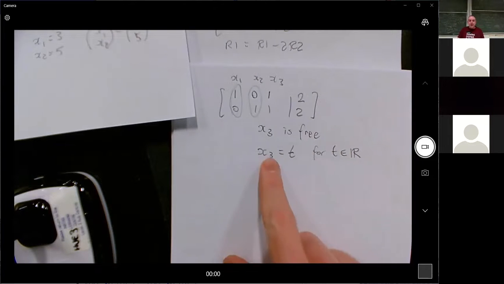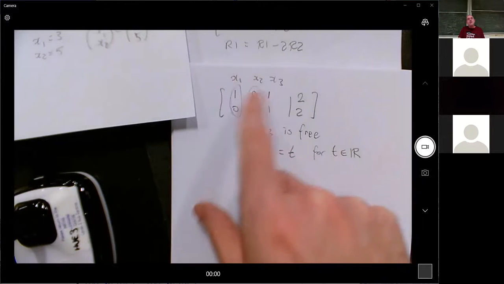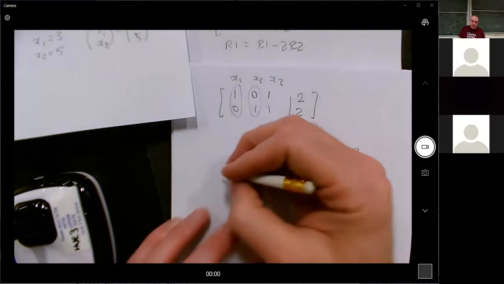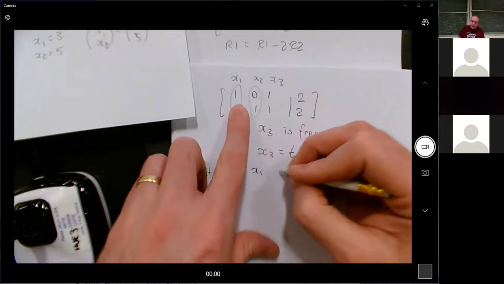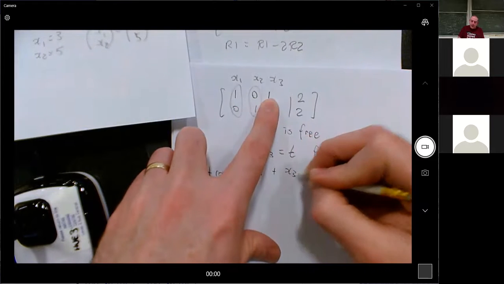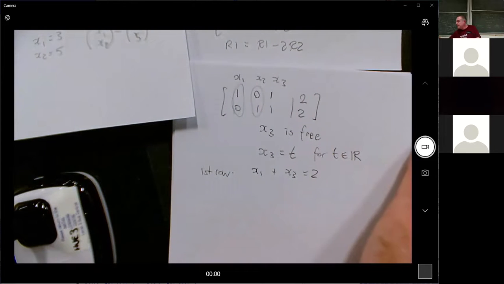So x3 is t. And now that x3 is t, I have enough information to figure out what x1 and x2 are. So from the first equation, from the first row, I have that 1x1 plus 1x3 is 2, but x3 is really t.